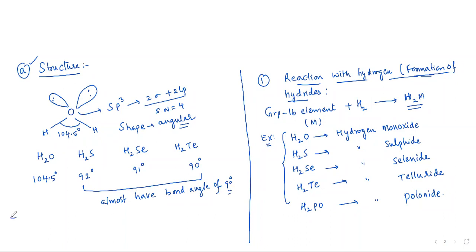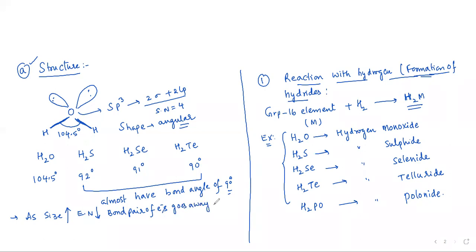So what is happening here? As we go down the group, obviously size is increasing. If size increases, electronegativity decreases. Check it. These are the bonded pair of electrons. As size increases, electronegativity decreases, so the bond pair of electrons goes away.